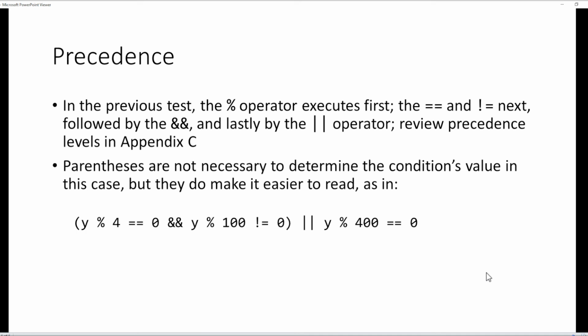We then must go to the right-hand side. Y mod 400 has a remainder of 0. 0 equals 0 is true. So the OR operator has left-hand side false, right-hand side true, overall expression true. The condition is true. Therefore, 2000 is a leap year.